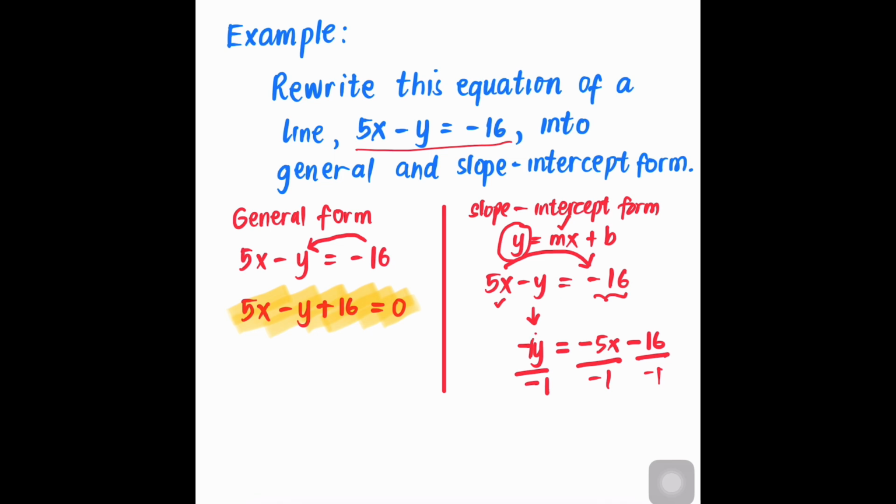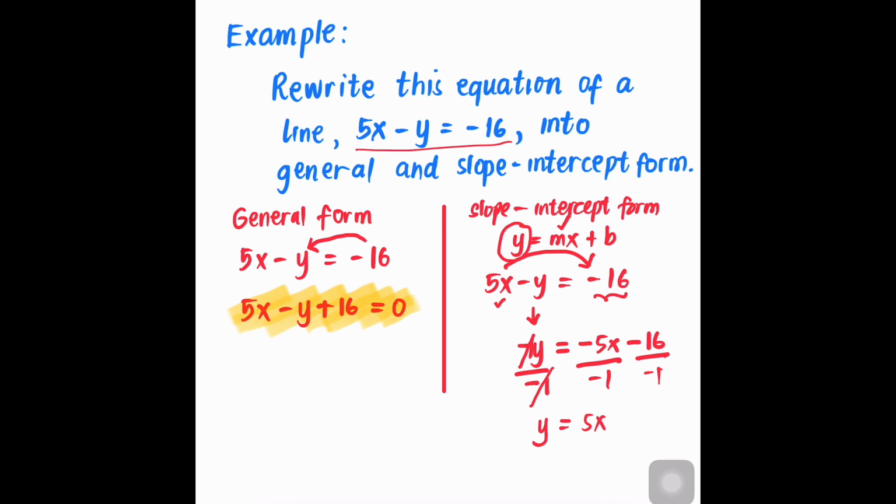So by doing so, negative 1 divided by negative 1 is actually positive 1, or it's going to become y, equals negative 5 divided by negative 1. Negative divided by negative is positive, same rule as for multiplication. So it's going to give us 5x.